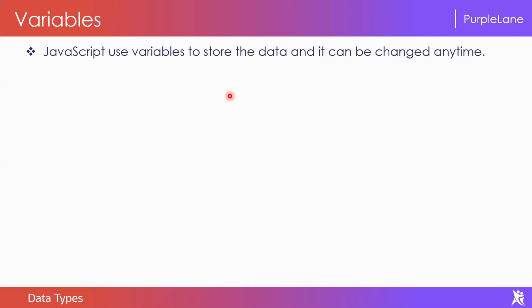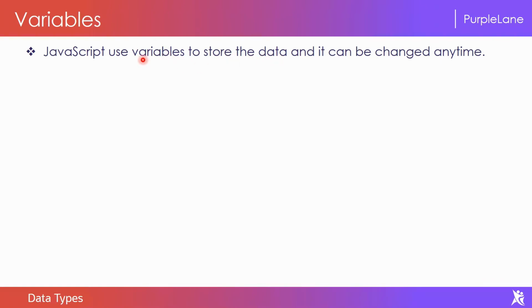Let's say there is a problem with a bunch of students, and each student has marks, and your job is to find the average of the student marks. Then how can you do that? You use variables to store their marks, right?